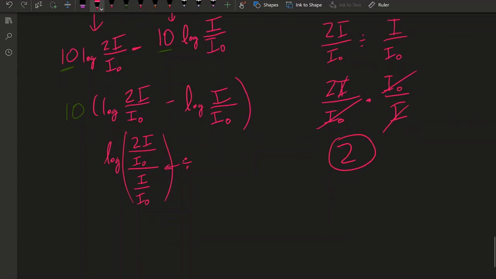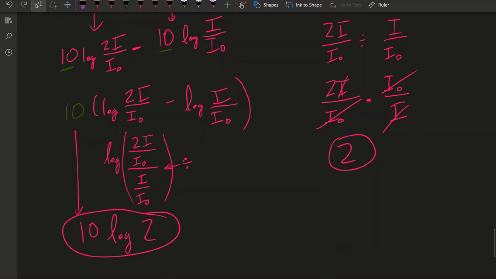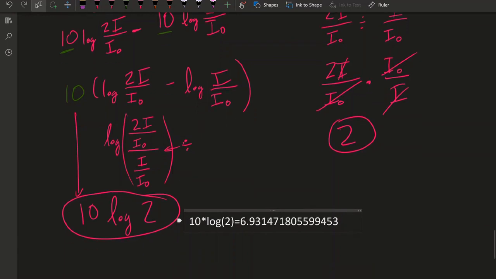So that means this would turn into log 2, and then don't forget the 10 here. So the question was, if I double the intensity, how many decibels does it increase by? Well, it increases by 10 log 2. And it's important to realize that 10 log 2 is a specific value. These are not variables here. So I can actually say 10 times log 2 and just calculate that. 6.931 would be my answer here.